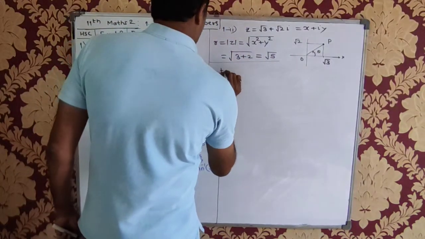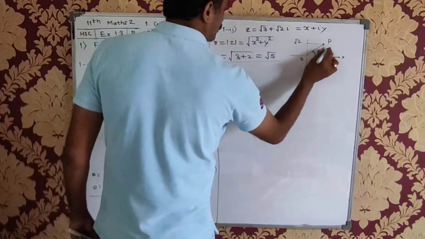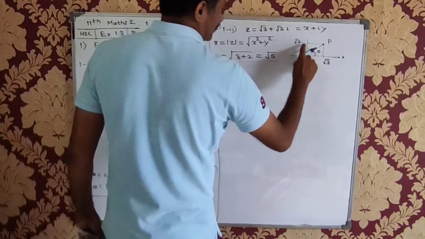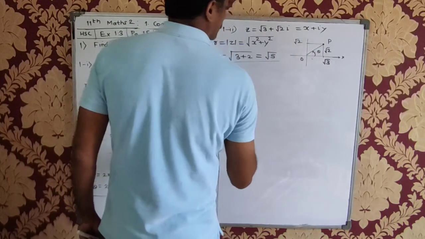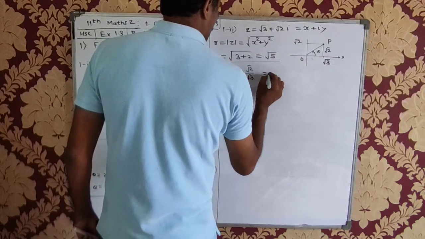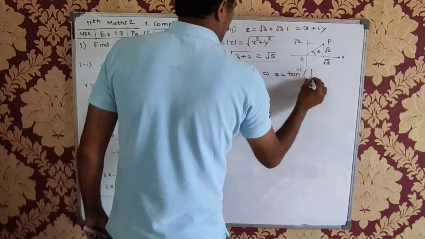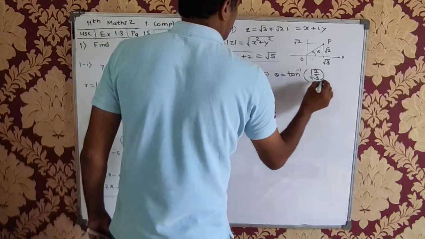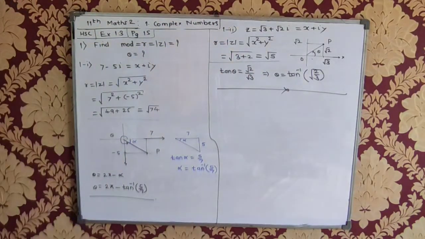So tan theta is equal to the opposite side, root 2, upon root 3. This dimension is root 2 and this dimension is root 3. So tan theta is root 2 upon root 3, and therefore theta is equal to tan inverse of root 2 upon root 3. Any doubts? Is this clear? Next.